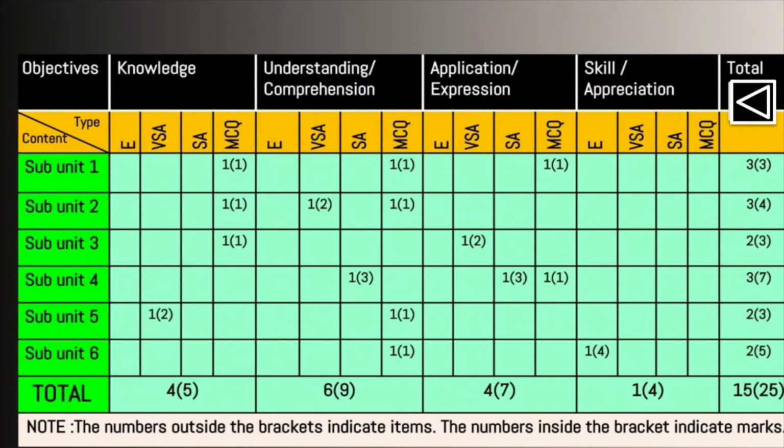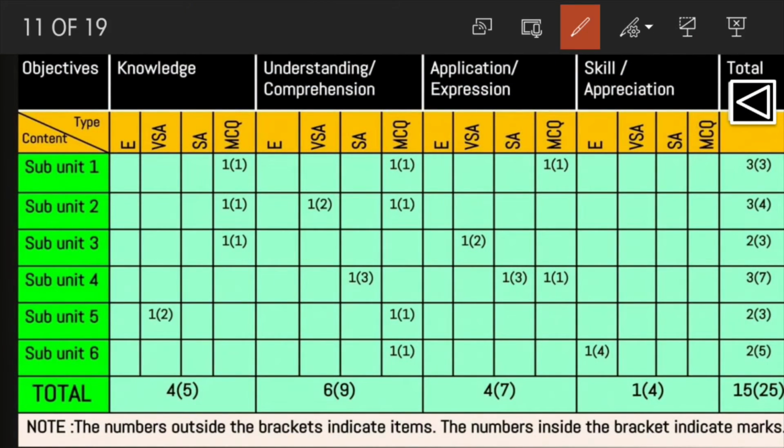Here you see a blueprint which is prepared based on these three dimensions. So in the horizontal rows, you see the subunits or content, and the objectives and types of questions are presented in the vertical columns. As per the weightage to forms of questions, I have taken essay type, very short answer type, and MCQs.